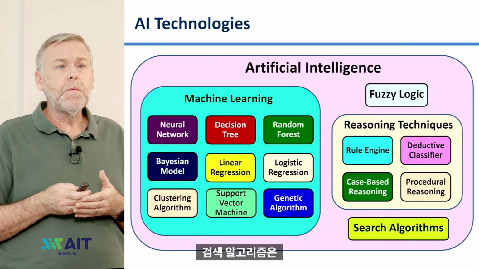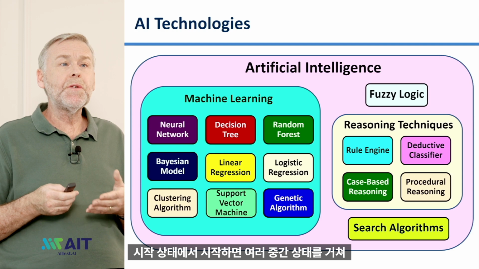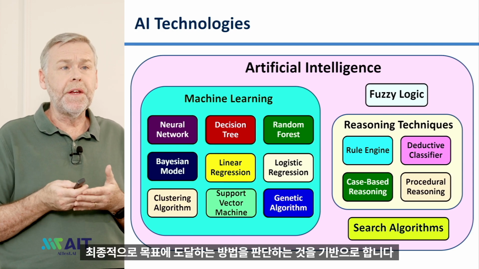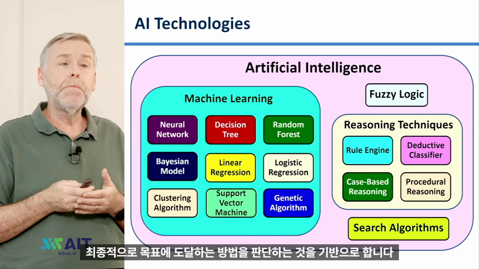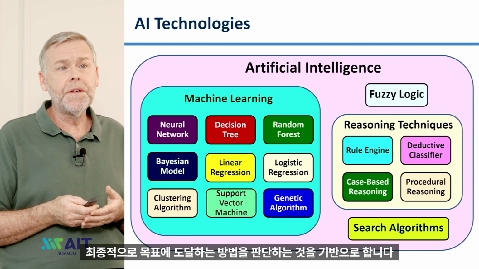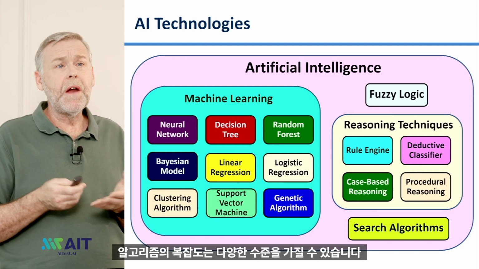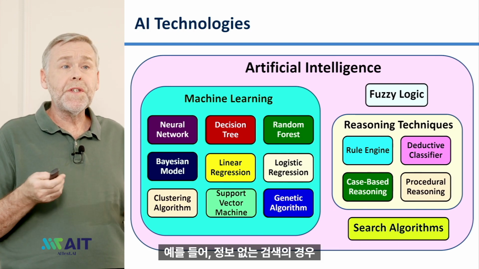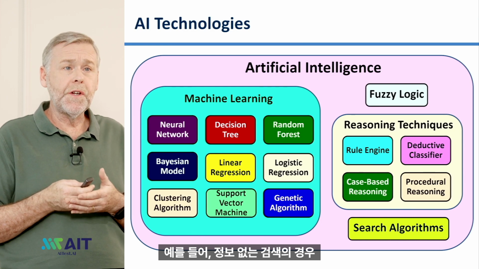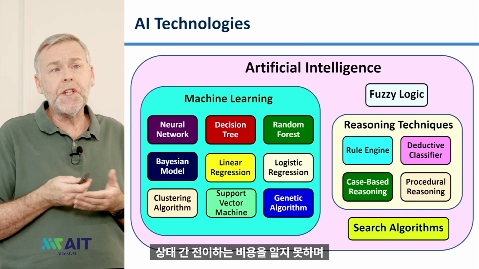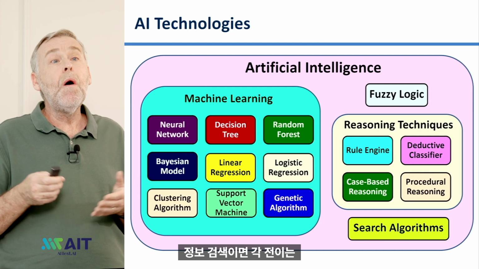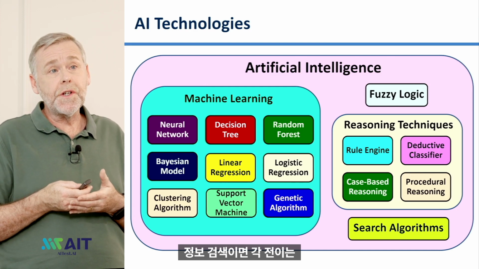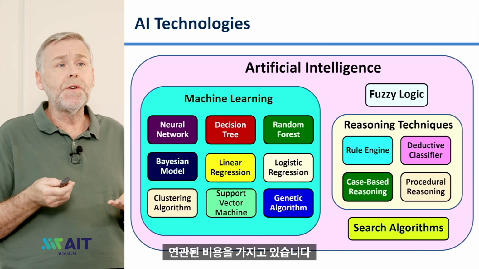Search algorithms work on the basis of determining how to reach a goal from a starting state by navigating through a number of intermediate states. The algorithms can vary in complexity. For instance, with an uninformed search, we don't know the cost of transitioning between states, while with an informed search, each transition has an associated cost.